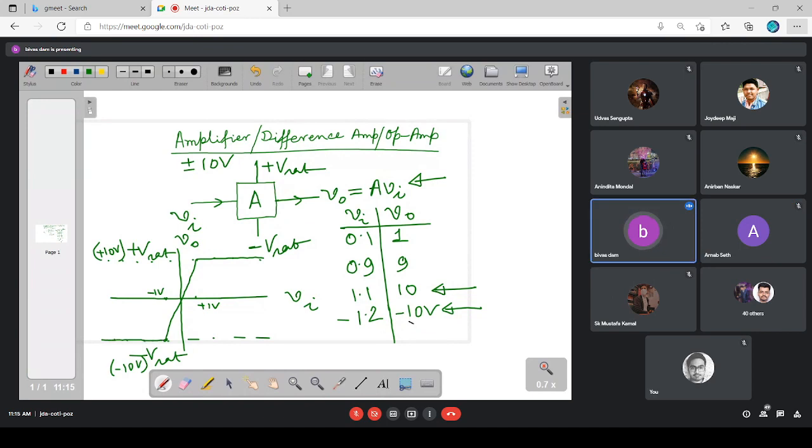Similarly here also the same thing. So in this transfer characteristic, I have three distinct regions. One is for the input voltage range plus 1 to minus 1 volt.